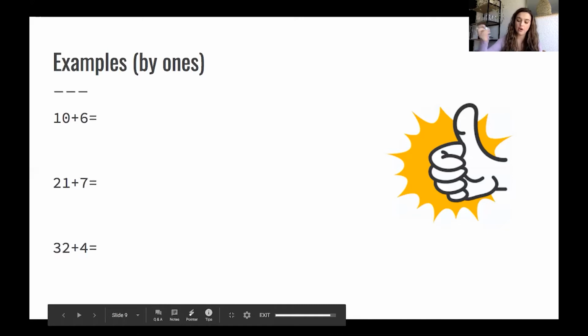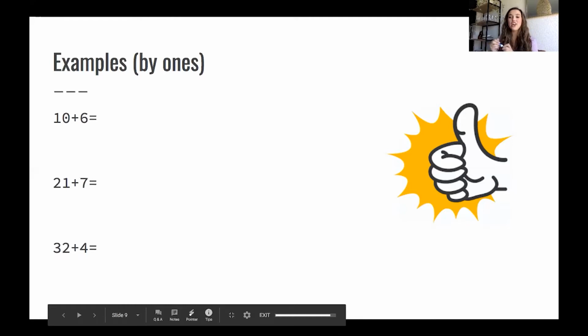So let's draw out our number line. I am actually going to go by ones this time. 10, 11, 12, 13, 14, 15, 16, 17, 18, 19, 20, 21.